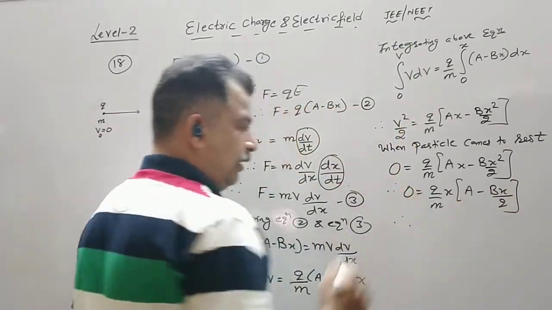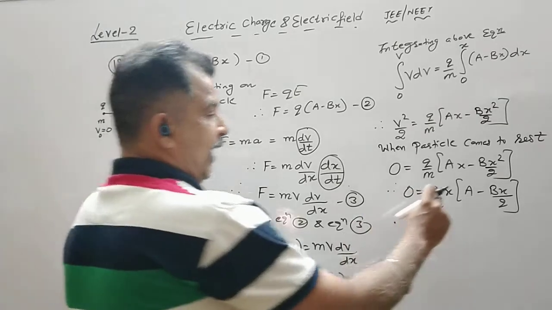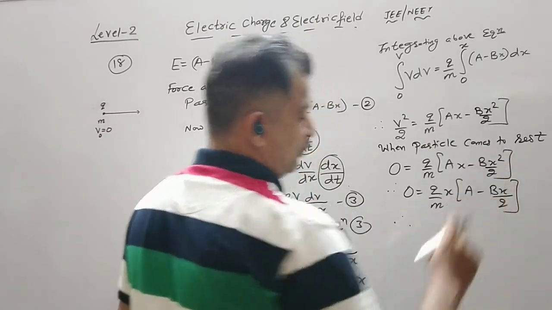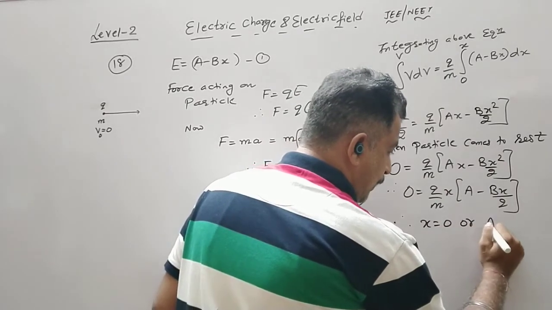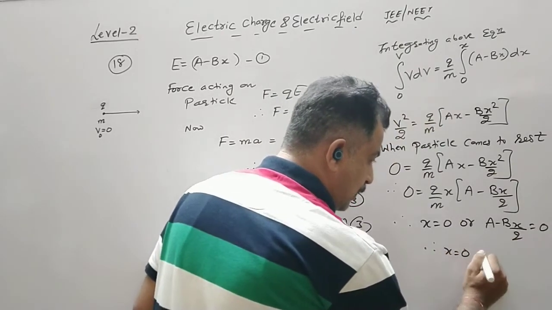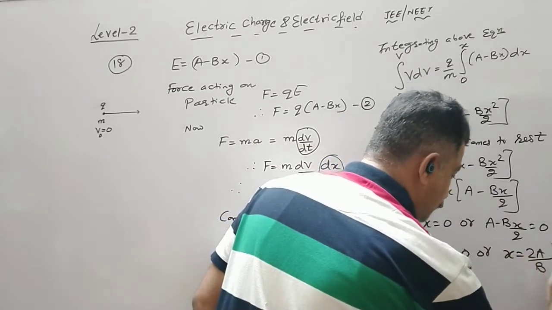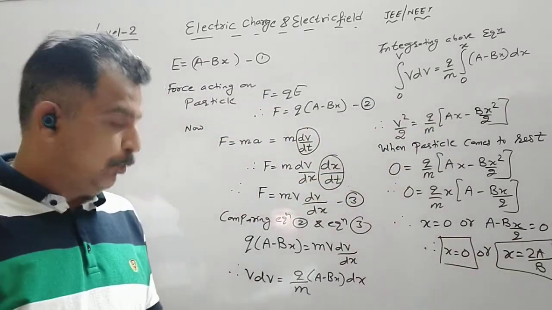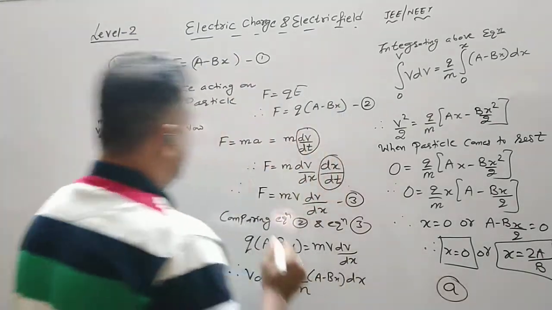Now we have to find the position. So either x is equal to 0 or A minus Bx by 2 is equal to 0. Therefore, x is equal to 0 or x is equal to 2A by B. So either x should be equal to 0 or x is equal to 2A by B. So the option for this is A.